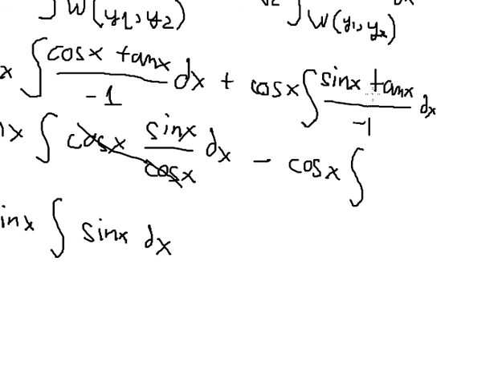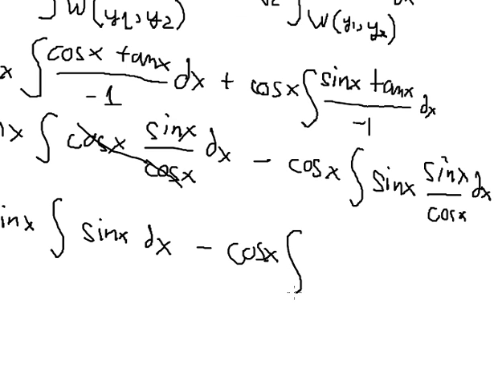This one, sin s with tan s, we change by sin s over cosine s. So sin s, we have sin s squared over cosine s.